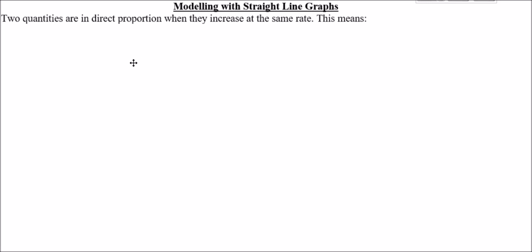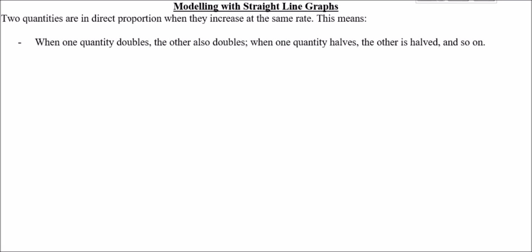The Celsius and Fahrenheit example I gave you is a linear relationship, but they're not proportional. So I'm just going to clarify what we mean by direct proportion. It means two main things. The first thing is when one quantity doubles, the other also doubles. Like when one halves, the other halves, and so on. If one is multiplied by 100, the other is multiplied by 100.